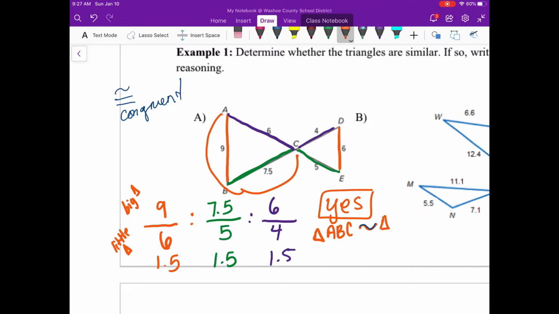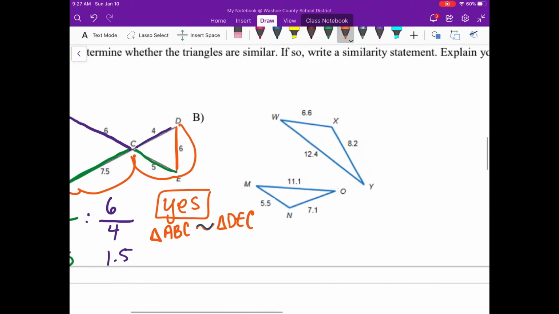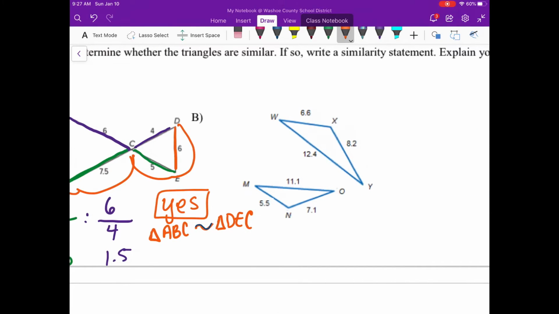We are not talking about congruent triangles in this section. We are talking about similar triangles. So that's one squiggly only. Okay, so if I went ABC, now I have to go DEC. And that would be my similarity statement for this one.